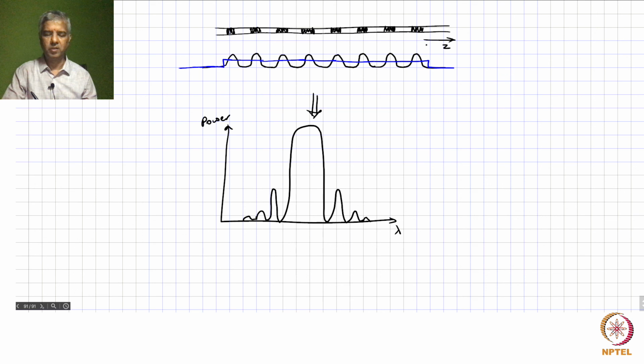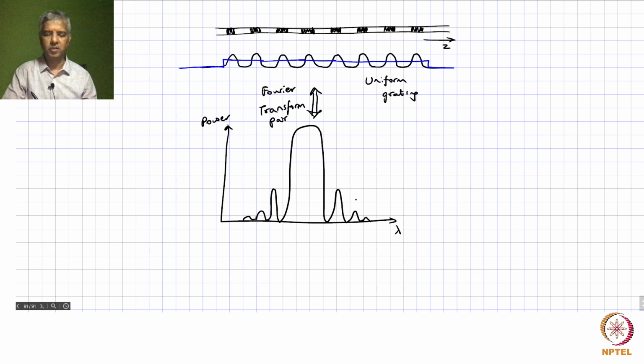Where the index contrast is uniform across the grating, this is called a uniform grating, and its reflection spectrum will look like a sine square. Essentially, the average refractive index distribution across the grating and the power spectral density are Fourier transform pairs. So, if it is rectangular in shape, this corresponds to a sine square function.